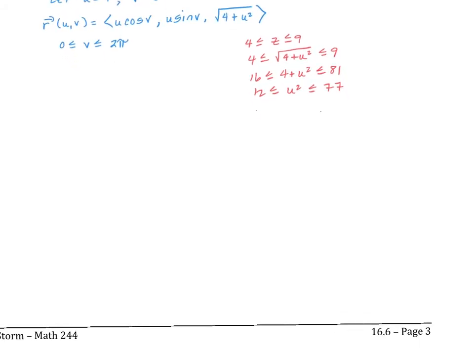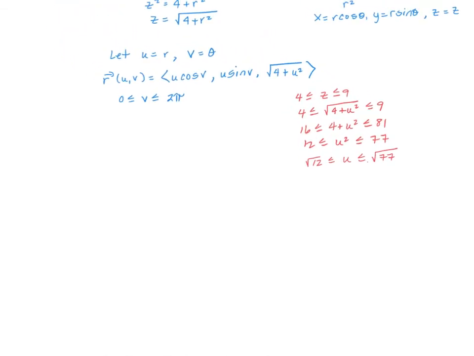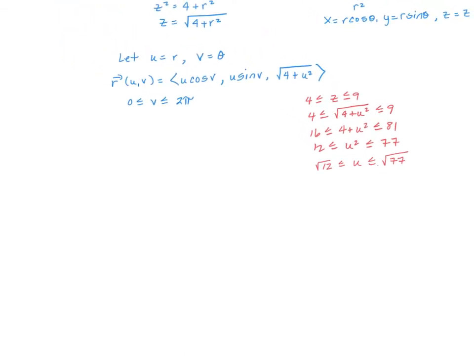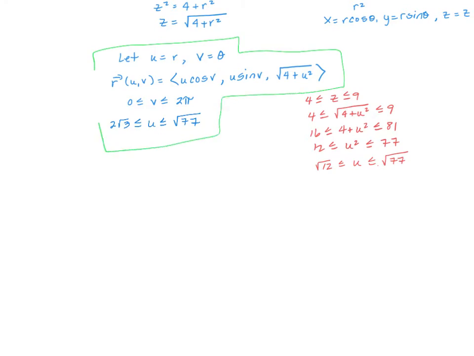So it's going to be the square root of 12 less than or equal to u less than or equal to the square root of 77. Coming back here, I know that my u would be square root of 12. What is that? 2 square root of 3. Square root of 77, I can't simplify that. So I have my parametric description of this hyperboloid.